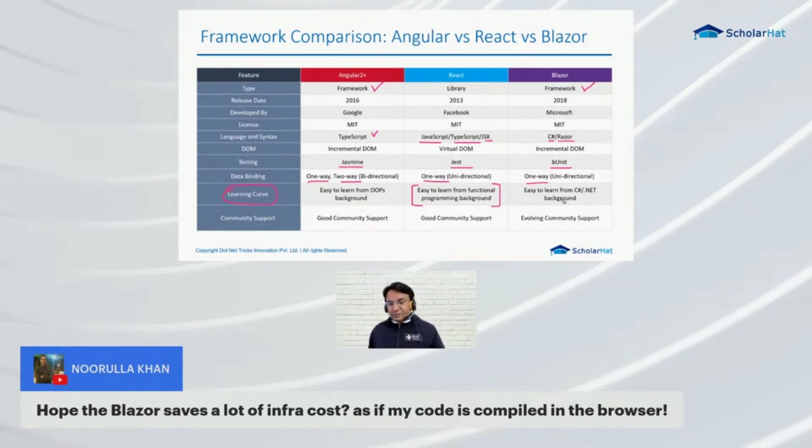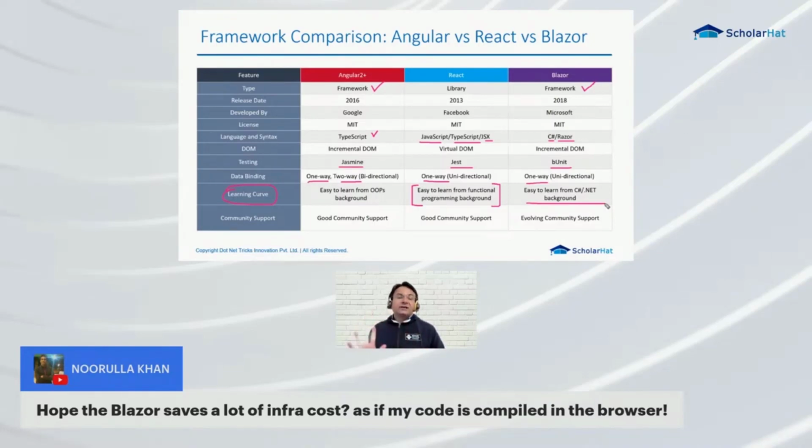Exactly the same thing applies to Blazor. If you're already a .NET developer, a C# developer, and I'm sure many people in this session are from a .NET background, then for you Blazor is the best framework, because Blazor provides everything to build your complete end-to-end full stack application.